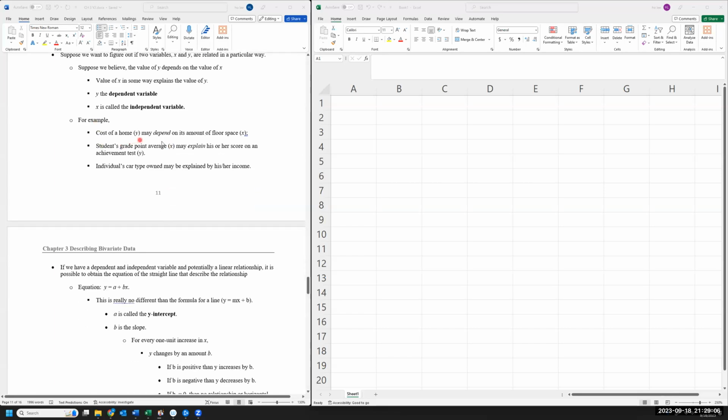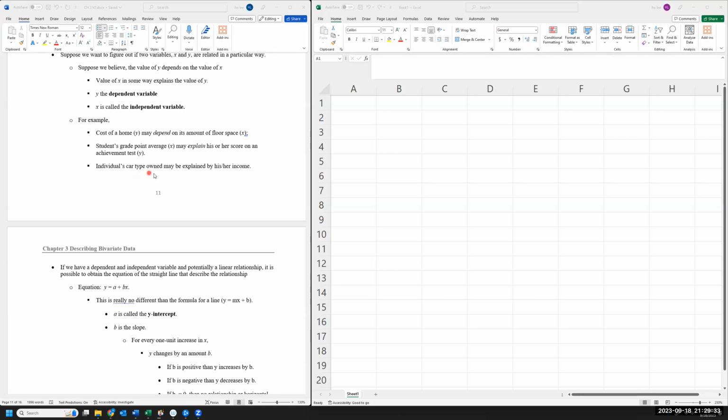The cost of a home may depend on the amount of floor space. The larger the square footage of a home, all else held equal, the home value will increase. The student's GPA may explain his or her score on the achievement test. Yes, a student who is quote unquote doing better in class is likely to do better on the SAT on average.